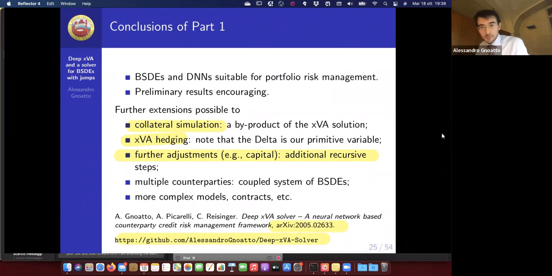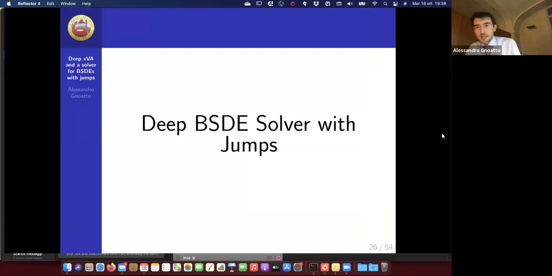What is the first limitation that you might observe in part 1? The driver is only a diffusion. We only have Brownian motion in the first part. So to us, it looked quite natural to complicate things a bit, and ask ourselves, how would the Deep BSDE solver look if we wanted to solve BSDEs with jumps?